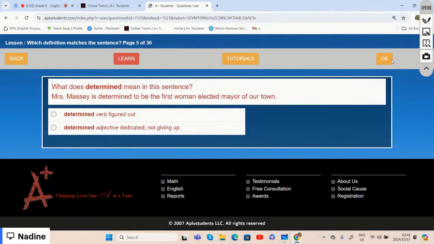All right, the next one says, what does determined mean in the sentence?